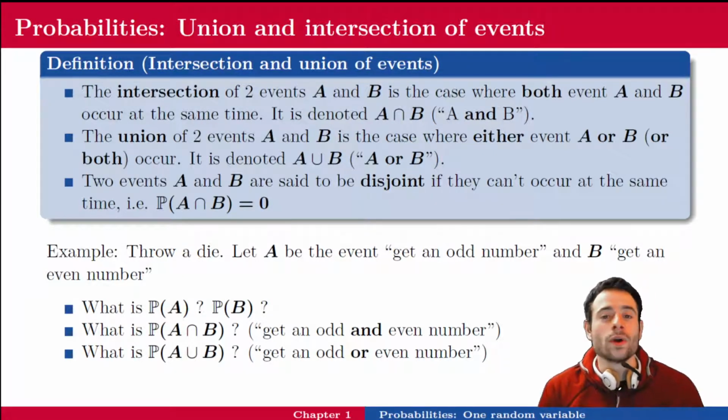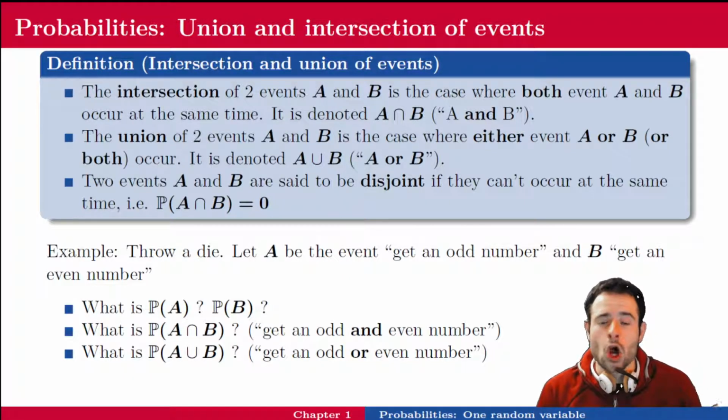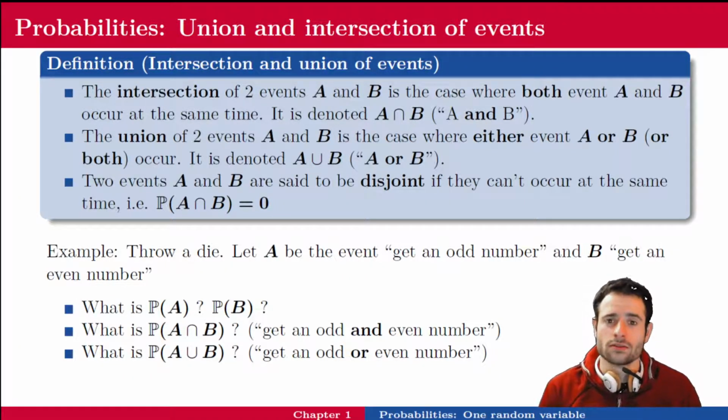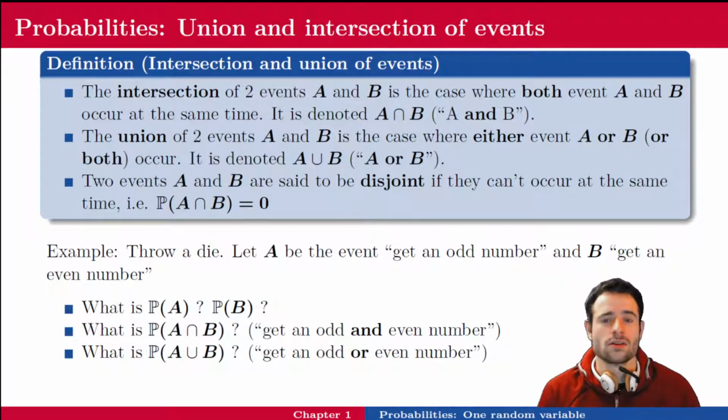Now, what is the probability of getting an even or an odd number? This time, we are looking at getting either one or the other. So if I get a 1, it's an odd number, it's a success. If I get a 2, it's an even number, it's also a success. If I get a 3, it's an odd number, it's a success, and so on.